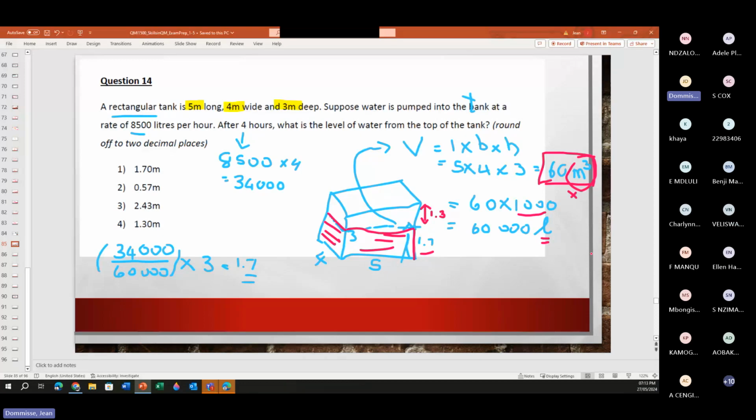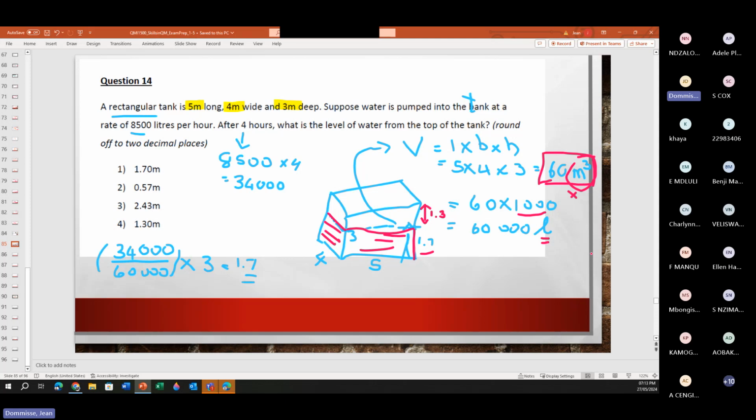If it was centimeter to the power of 3, we would have divided by 1,000. If it is meter to the power of 3, we will multiply by 1,000. So that is where we got to go from 60 cubic meters to 60,000 liters.